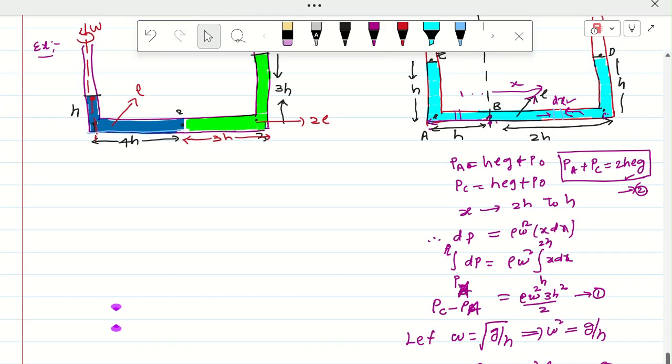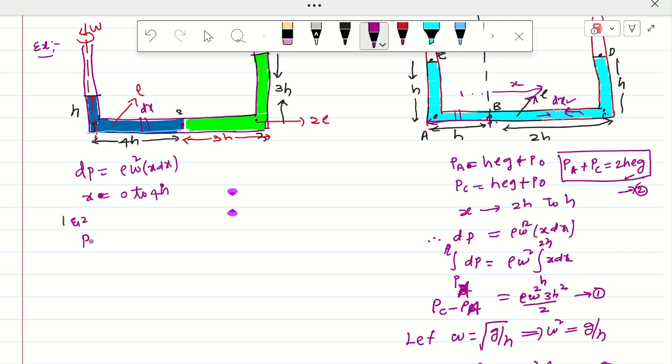Now coming to this problem, here I have to do it two ways. First, the density rho is given, so you take a dx element here and integrate. Similarly, dP is equal to the same formula, rho omega square into x dx. Here integrate x from 0 to 4h, then you will get the pressure difference between 1 and 2.